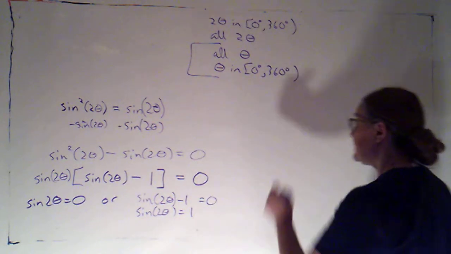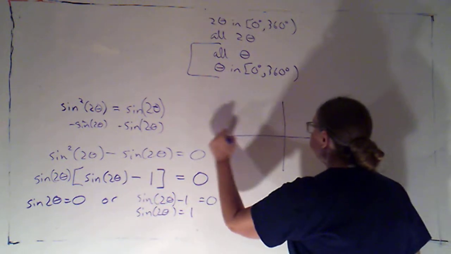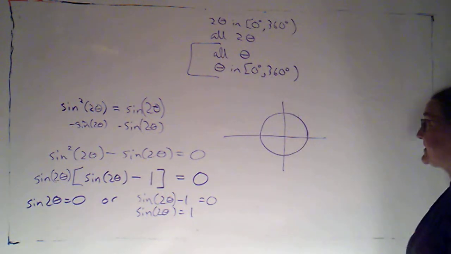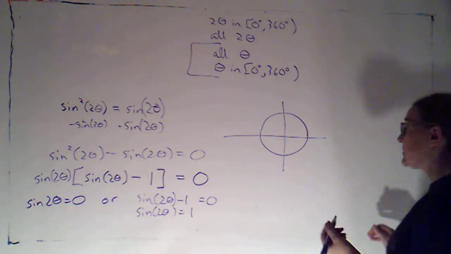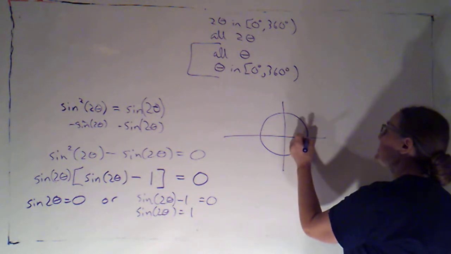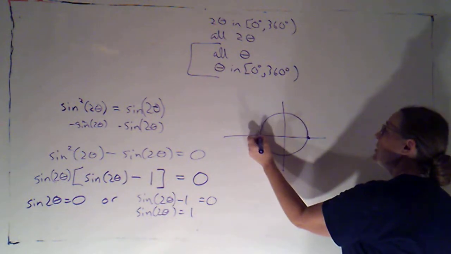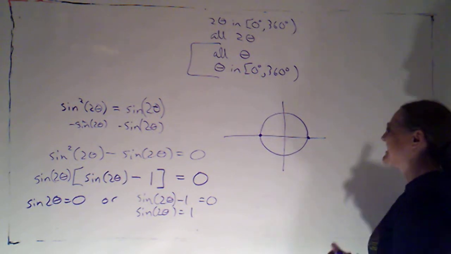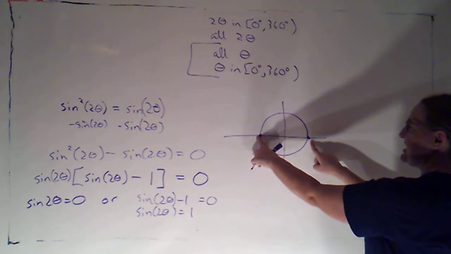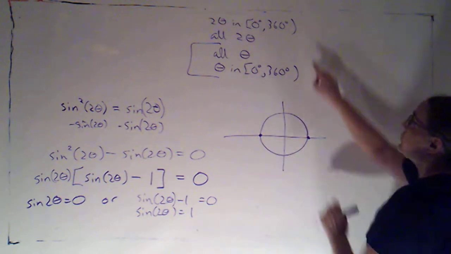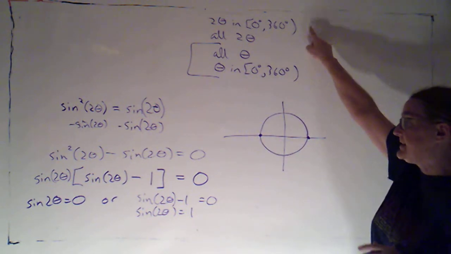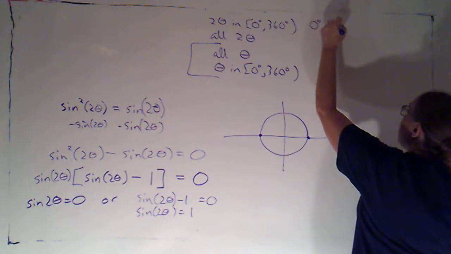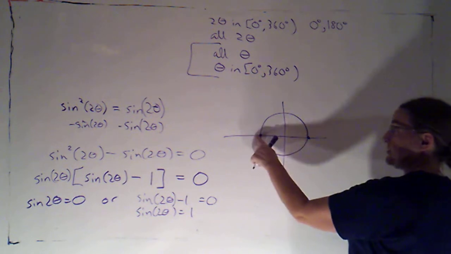Now I recognize 0 is a very special number. That tells me that I'm looking for quadrantal angles. Remember that on the unit circle, sine is defined to be the y value where the terminal ray of my angle would intersect the unit circle. That happens at these 2 points. Between 0 and 360 degrees, there are 2 solutions, 0 degrees and 180 degrees.